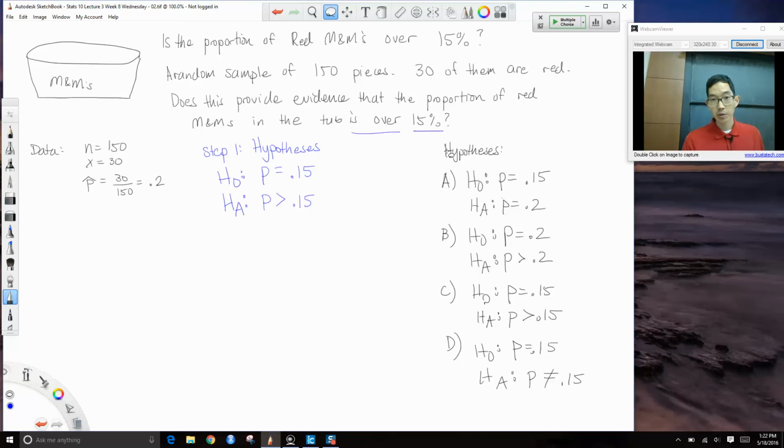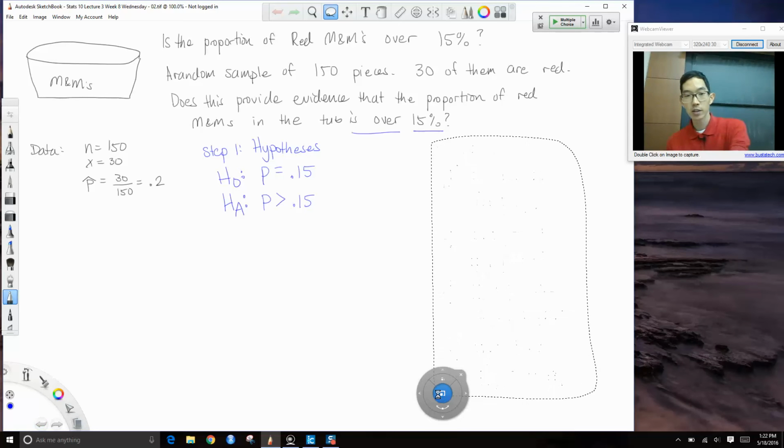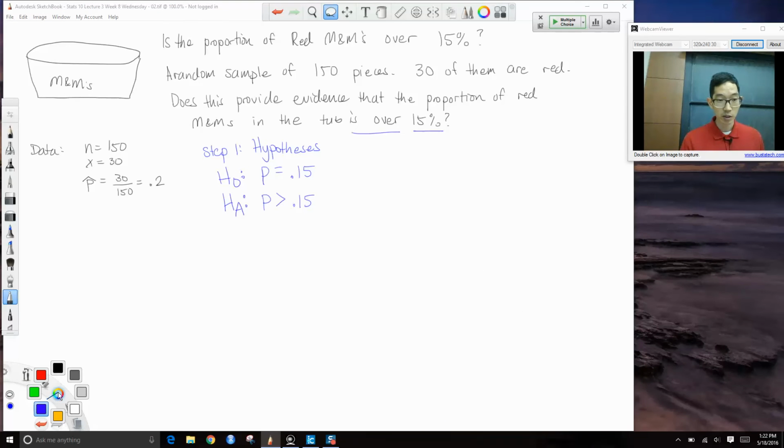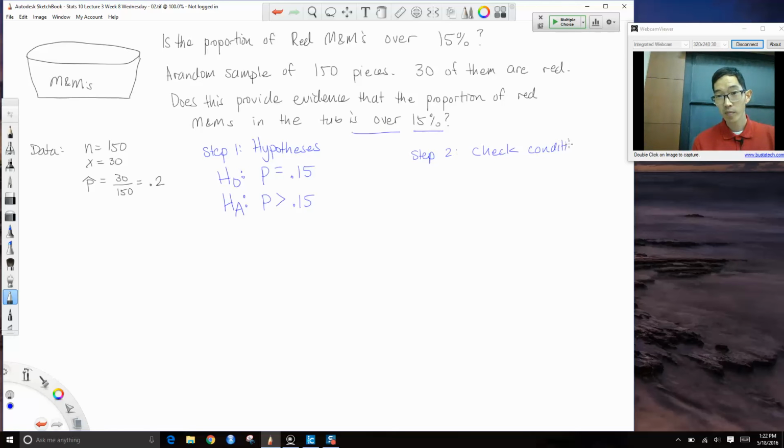All right, so I'm gonna just kind of clear this out so I have space to work, okay? And so now we'll do step 2, and just in the interest of time, step 2 is our check conditions. Okay, and I'll just tell you conditions met, okay?